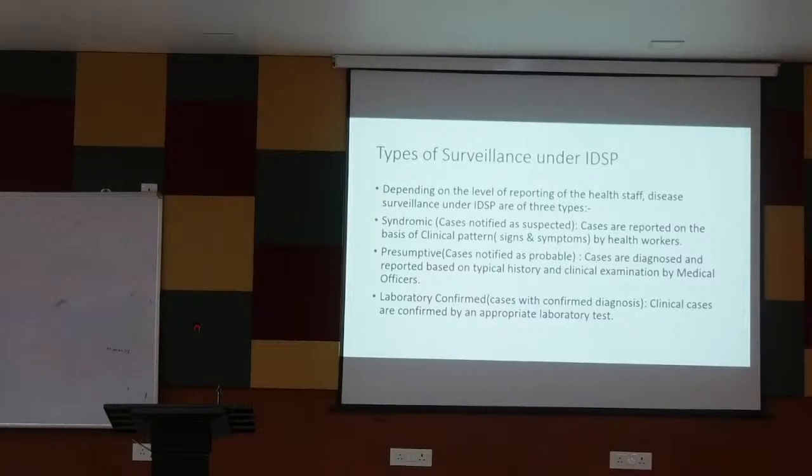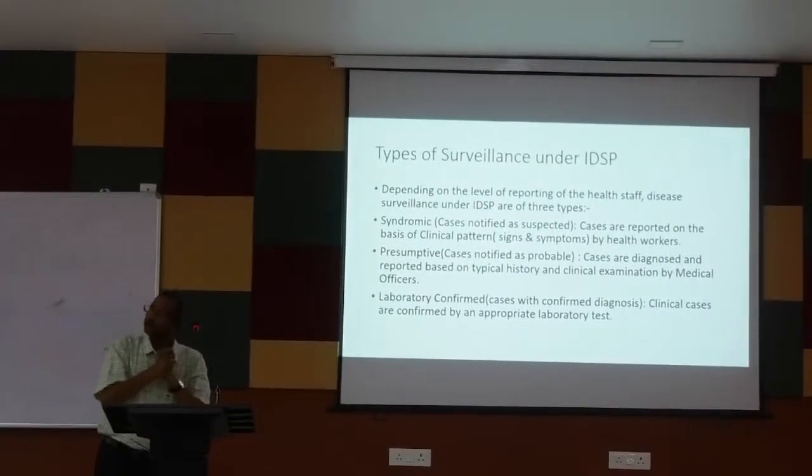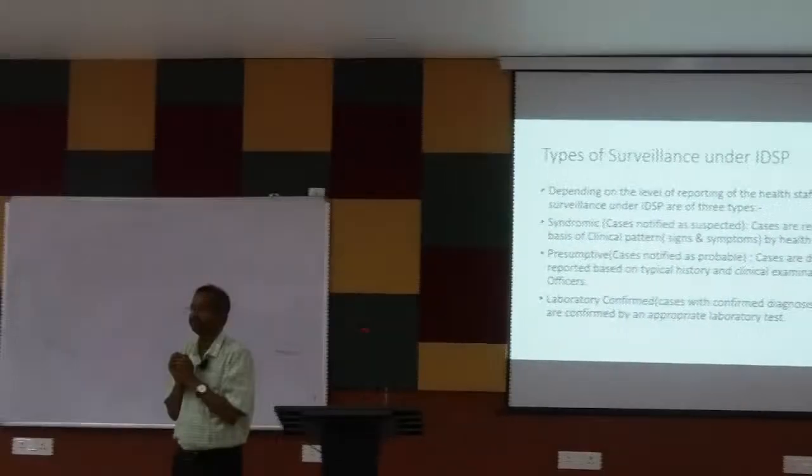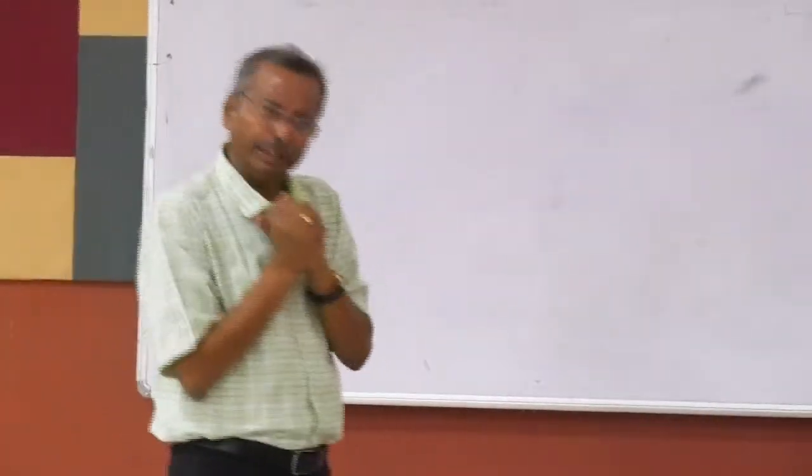And the next one will be done by the medical officers, that is called presumptive. Okay. The health worker went to the community and suspects cases on the basis of just signs and symptoms, but they do not have any authority, or even they may not have that much expertise to confirm the case, or rather the diagnosis.